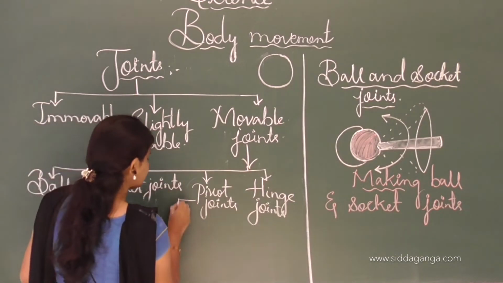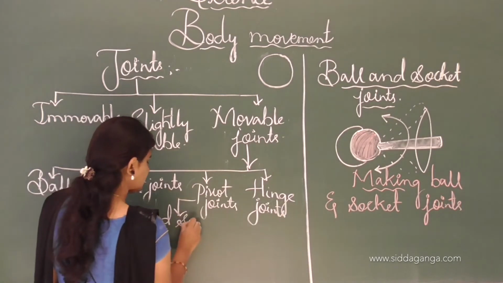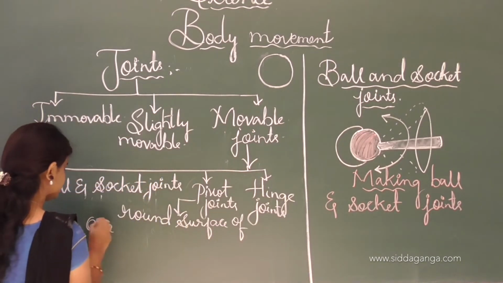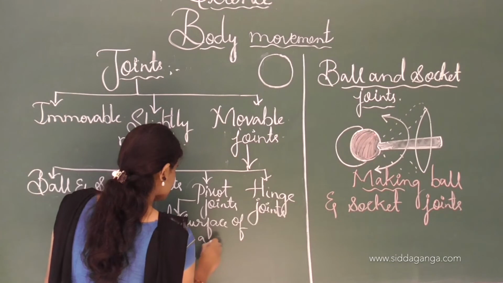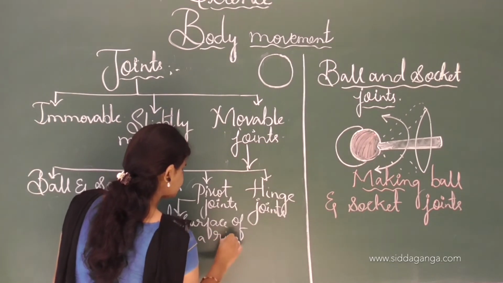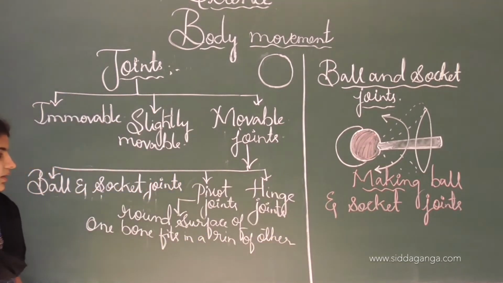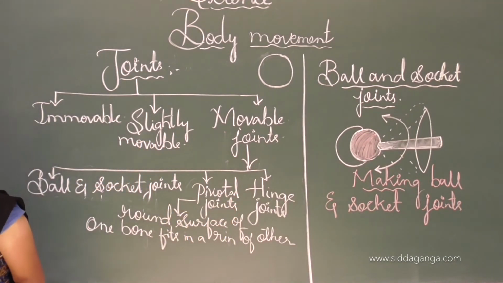See, in the pivot joint, the round surface of one bone fits in a ring of the other bone, and this is called a pivotal or pivot joint. An example of pivotal joints is the joints of the neck and the head.